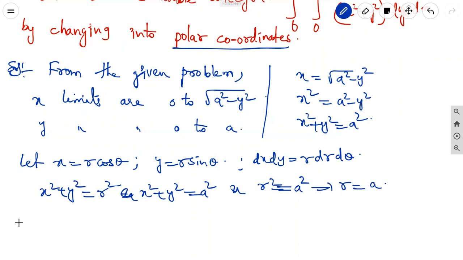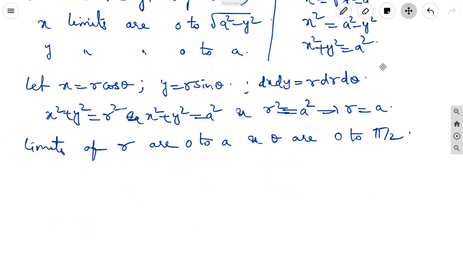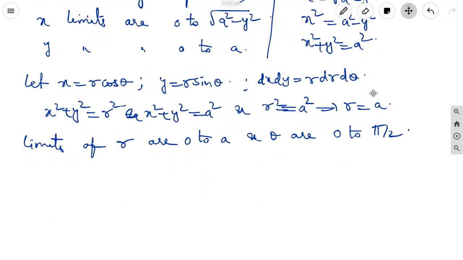The limits of r are 0 to a and theta limits are 0 to pi by 2. Why? Because the given integral limits are from 0 to something positive, that will be the first quadrant. The limits should be in the first quadrant of r and theta, that is 0 to a and 0 to pi by 2.